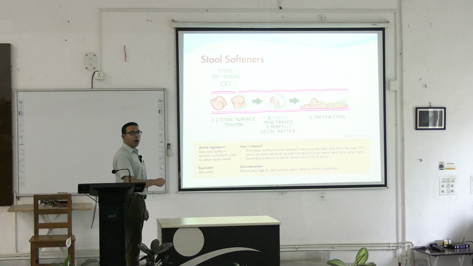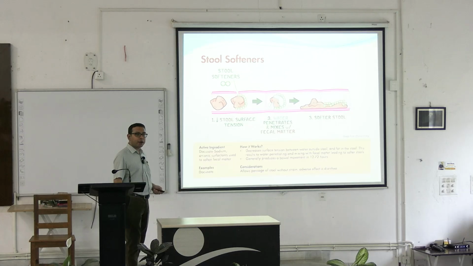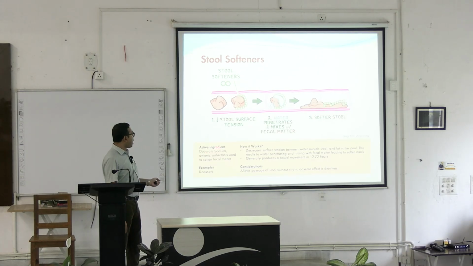So you can see how the stool softener acts. It decreases stool surface tension, so that the stool will not be impacted against the intestinal wall. Water penetrates and mixes with this fecal matter, and ultimately the stool is softened. The active ingredient is docusate sodium, an anionic surfactant used to soften fecal matter.